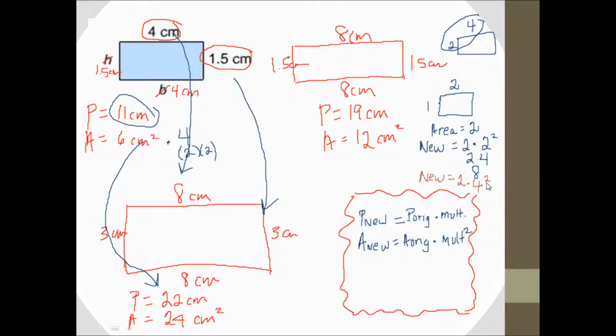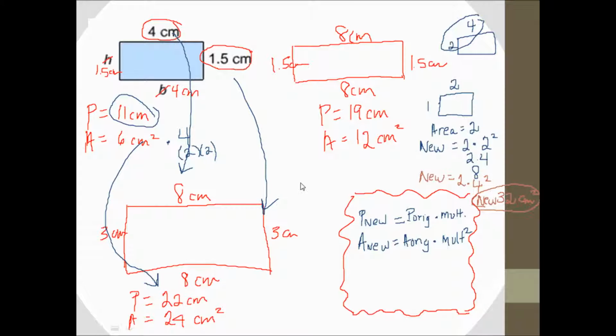You're always going to square whatever your multiplier is. If I would have said I want to increase both sides by 3 times, then my multiplier is 3. So here I do 4 squared is 16. 16 times 2 is 32. So my new area, if I quadrupled both the 2 and the 1, would be 32 square centimeters.